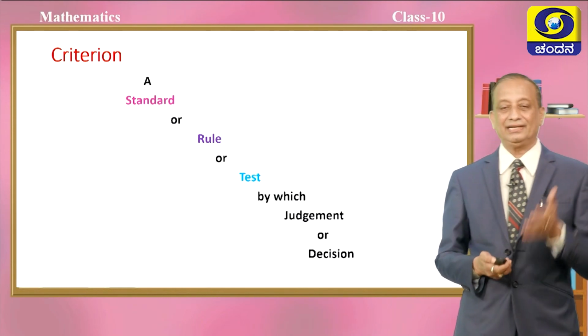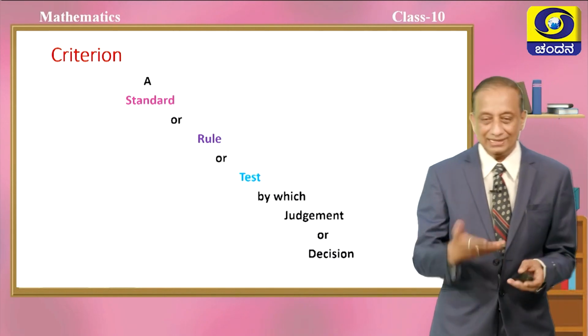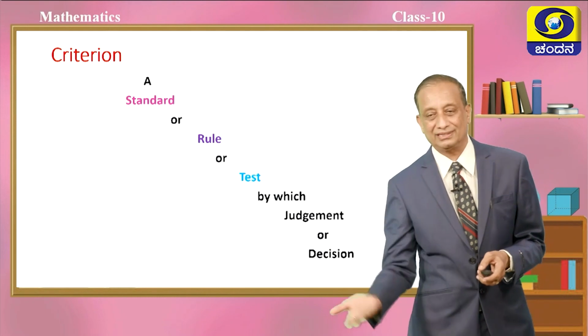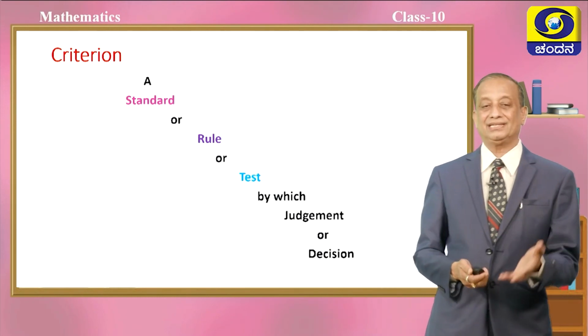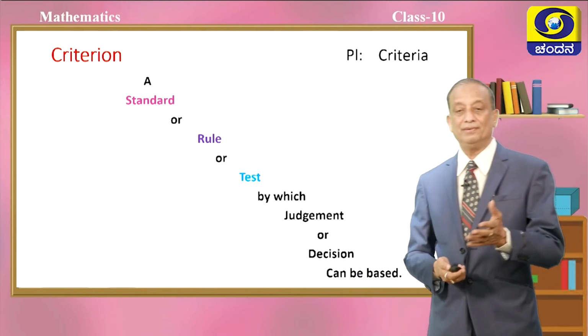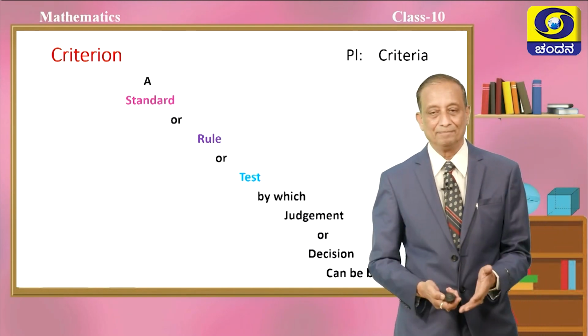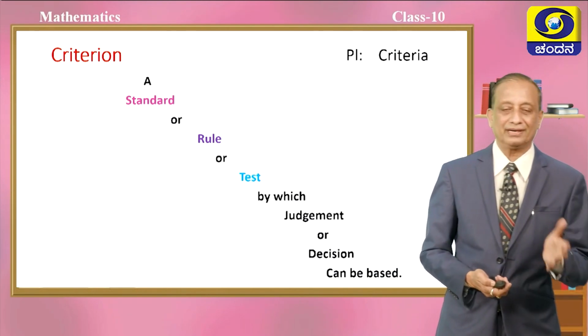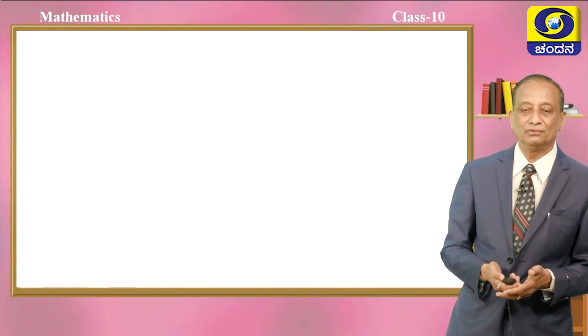So, such a kind of a standard or a rule or a test, based on which we are going to decide what is the outcome of that, is called a criterion, and the plural form of criterion is criteria. Criteria is plural form, criterion is singular. Okay. So, this is the meaning of the word criterion.